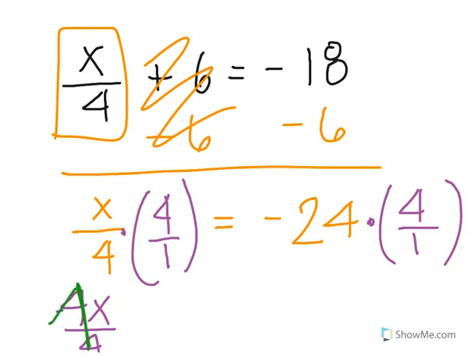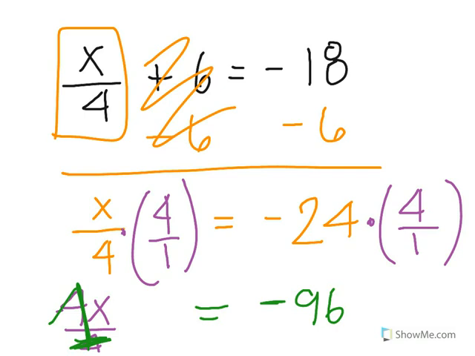And just like in that first example, 4 divided by 4 is 1, so that is just 1x is equal to negative 24 times 4. I know a negative times a positive will give me a negative. 24 times 4 is 96, so I'm left with x is equal to negative 96.